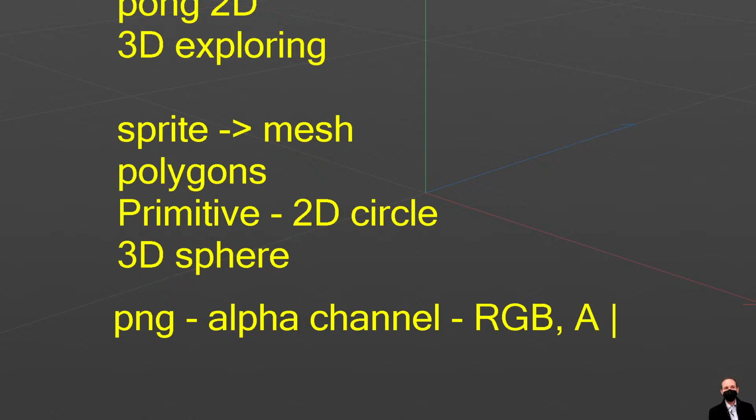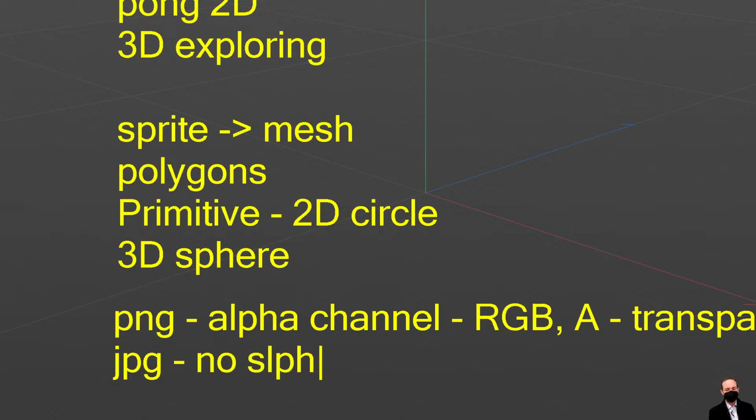A, the alpha channel, holds the transparency information. The PNG can have an alpha channel. Not every PNG does have an alpha channel. This is different than JPEG, which the format itself does not have an alpha channel. It's also compressed. So that's why we're not making JPEGs of this stuff. Does everybody understand? Okay.